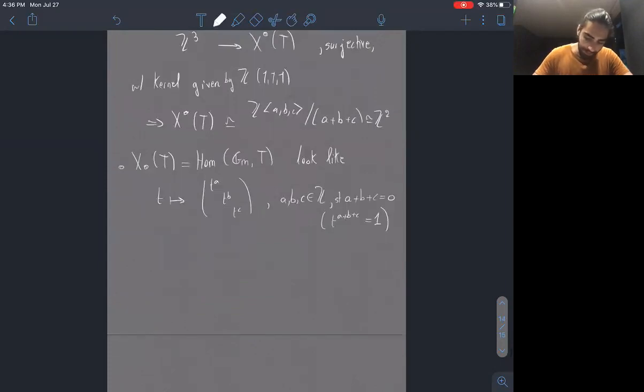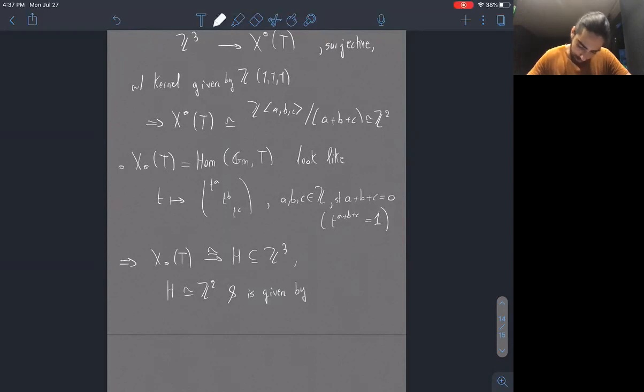And what this gives us is that we can identify X lower star T with a hyperplane H inside of Z3, where H looks like Z2 and is given by just the elements in which this holds. So once again, we can identify X lower star T with Z squared.